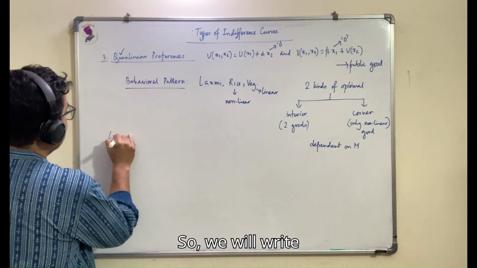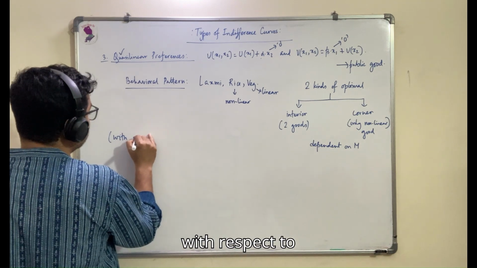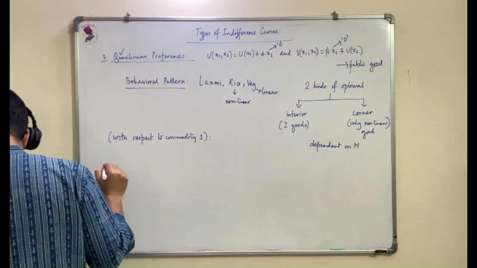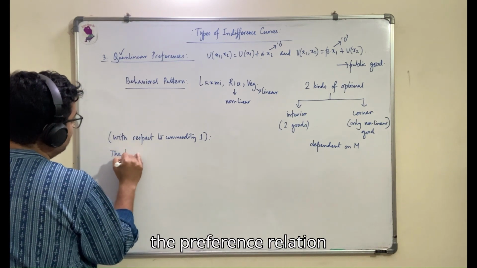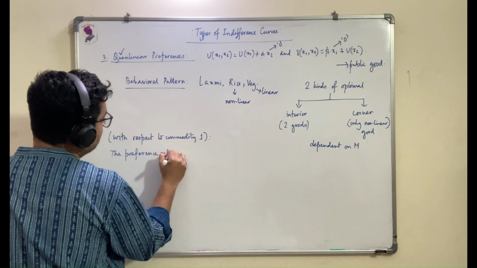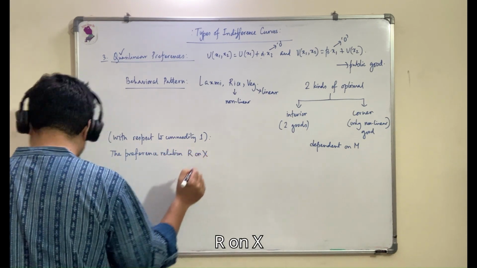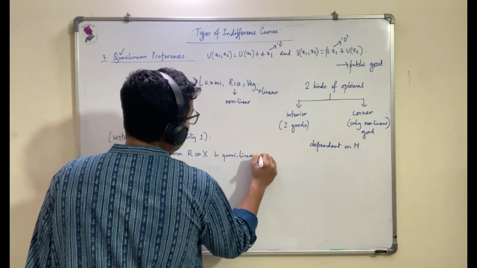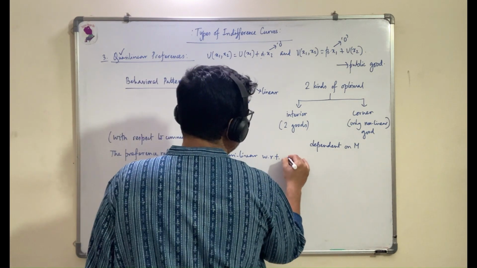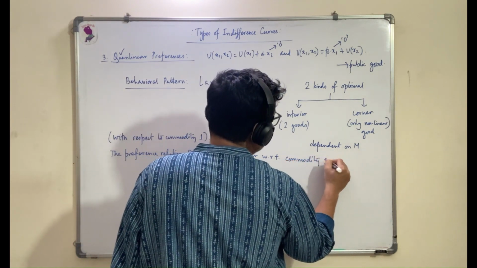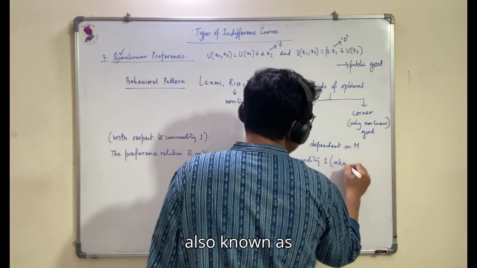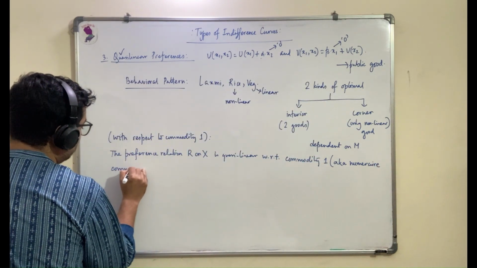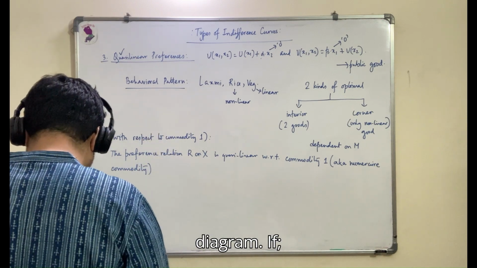So we will write: with respect to commodity 1, the preference relation R on X is quasi-linear with respect to commodity 1, also known as the numeraire commodity. We will go to that while drawing the diagram.